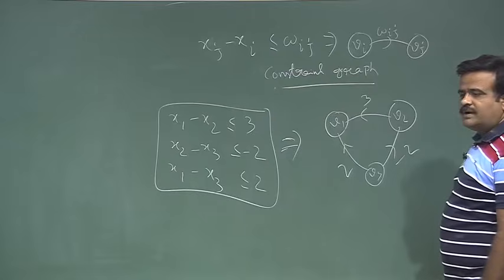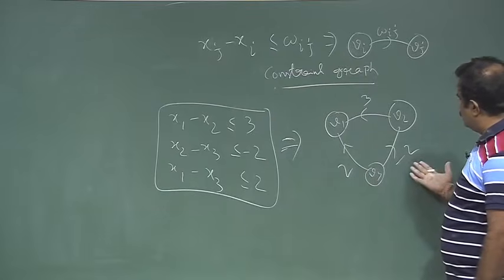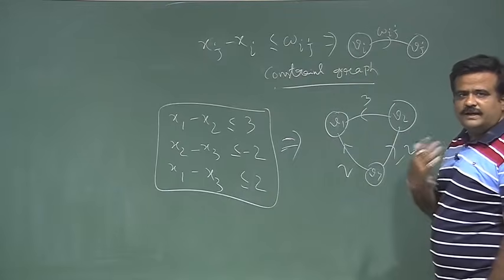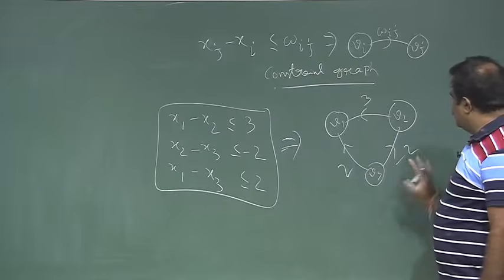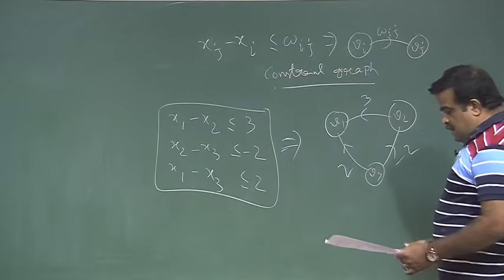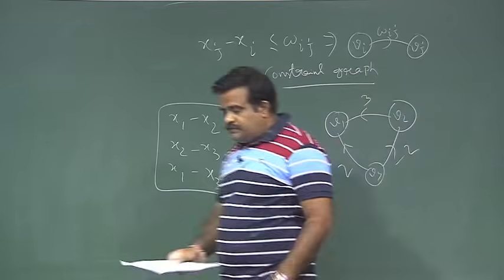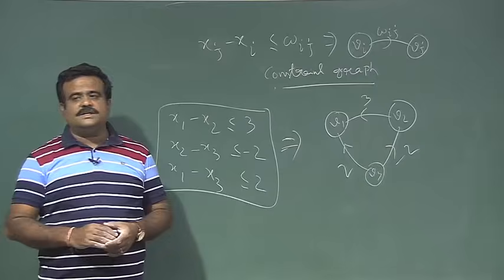Now, once we have a graph, this is a directed graph with edge weights, and these edge weights could be negative also, because Bellman-Ford can handle negative weights. There is no restriction on negative weight edges.